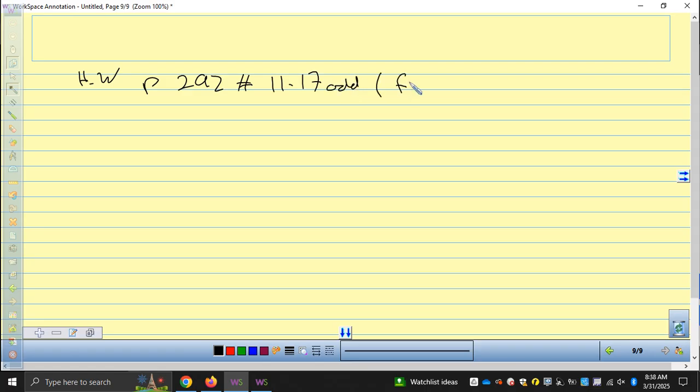These are from the definition. These are using the table on page 289.